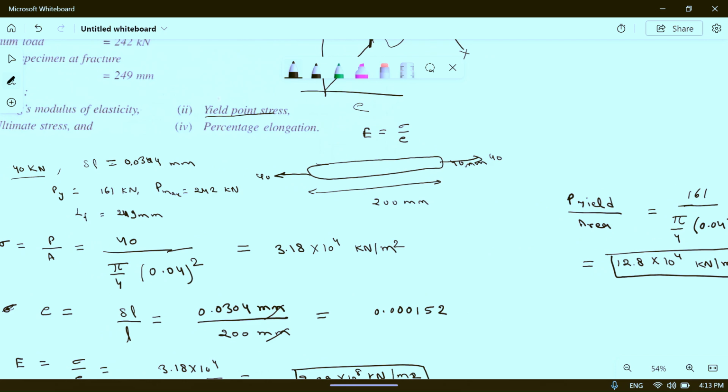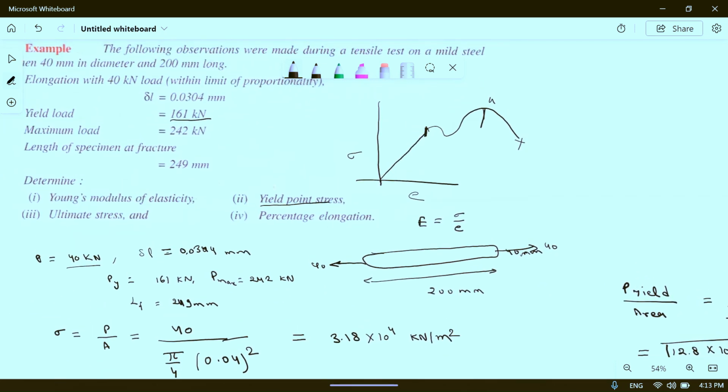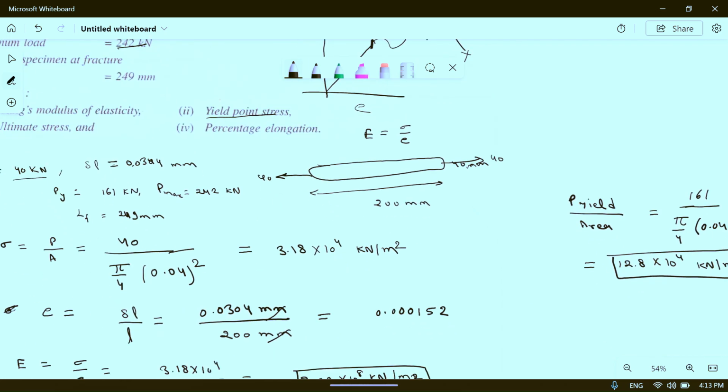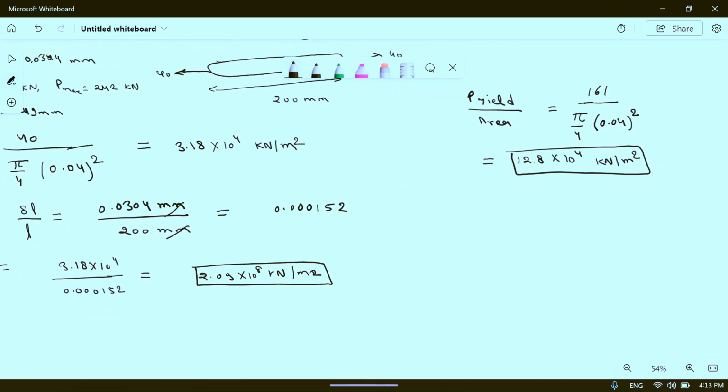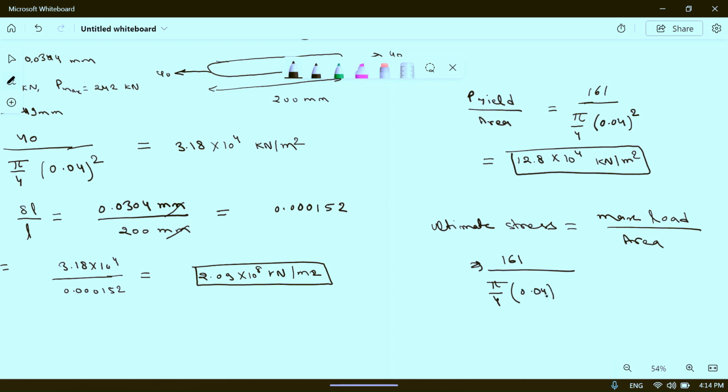Now we have to find ultimate stress. So ultimate stress, maximum load. See here, it is ultimate stress. Maximum load is here. So maximum load is 161 kilonewton. So ultimate stress is equal to maximum load divided by area. This is maximum load 161 kilonewton divided by pi by 4 into d is 0.04 meter.